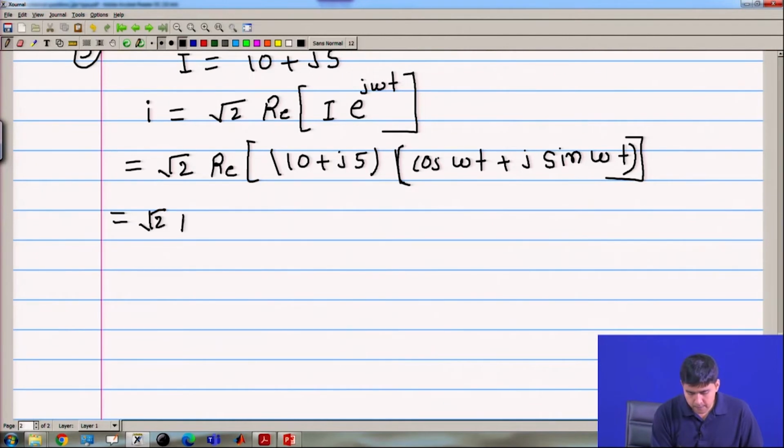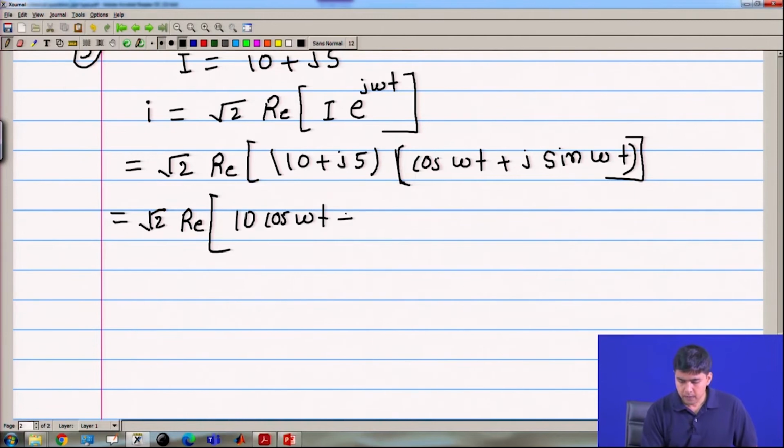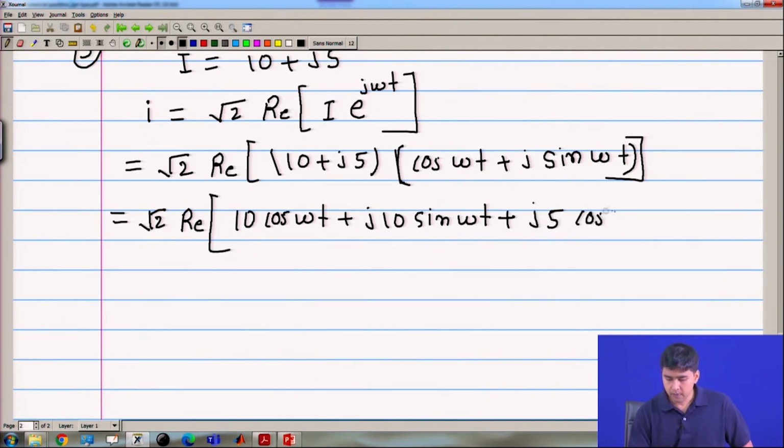Root 2 real part of, we are multiplying 10 cos omega t plus j10 sin omega t plus j5 cos omega t, j square into j square, it will be minus 5 sin omega t.